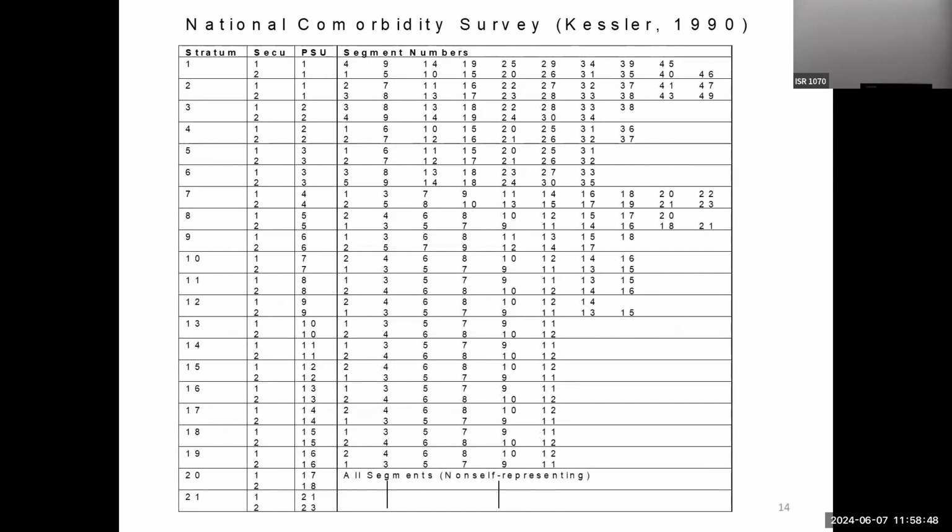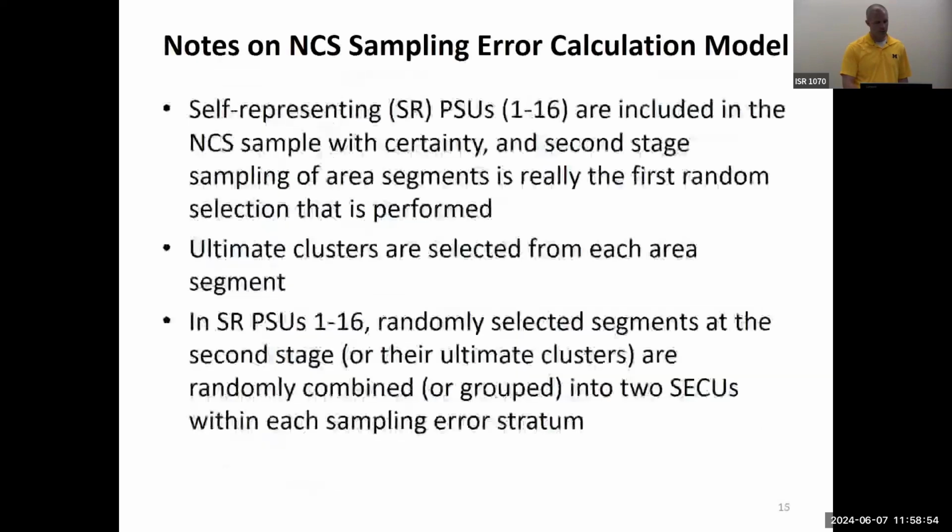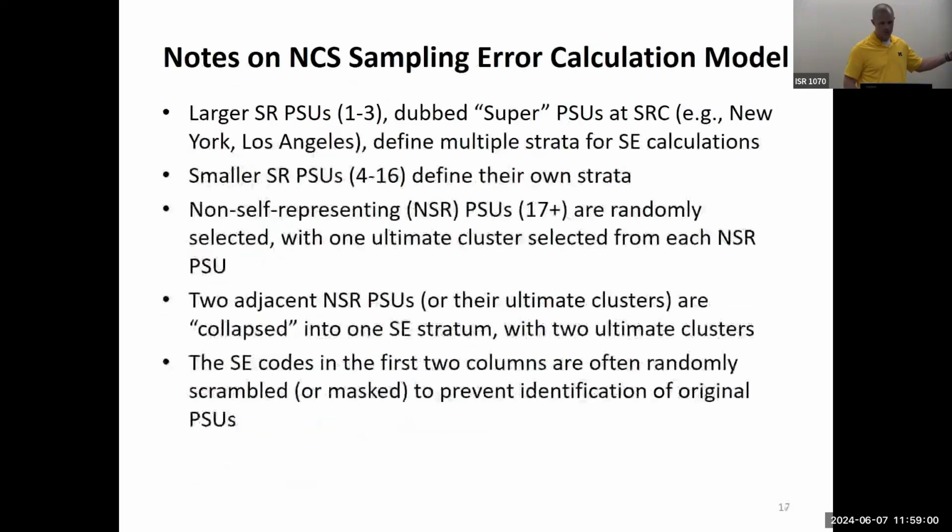That's the idea. So the data user ultimately sees those stratum and SEQ codes moving forward for the sake of variance estimation. Slides 16 and 17 in module 3 just summarize everything I just described about the table, so you can refer back to that to see how this collapsing, combining, and random grouping was done to ultimately create those sampling error codes in the first 2 columns.